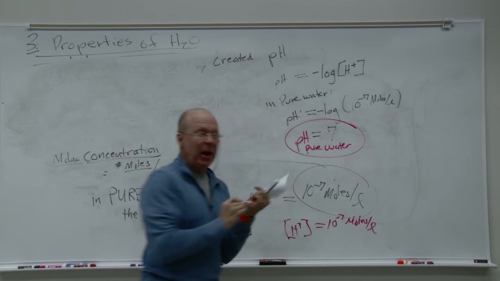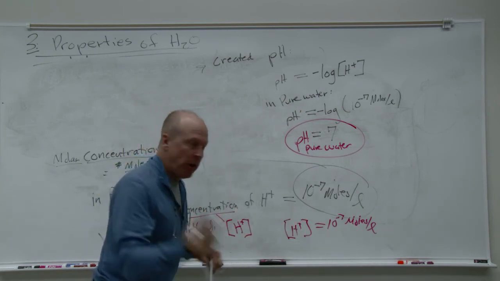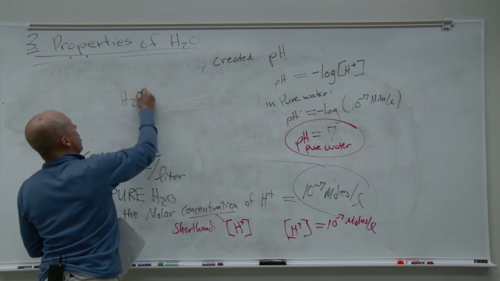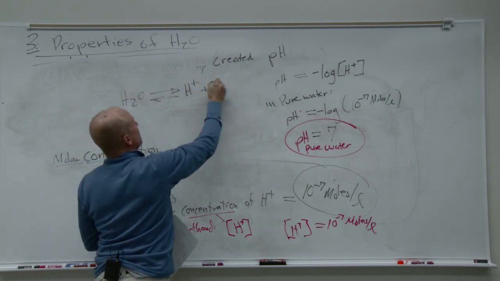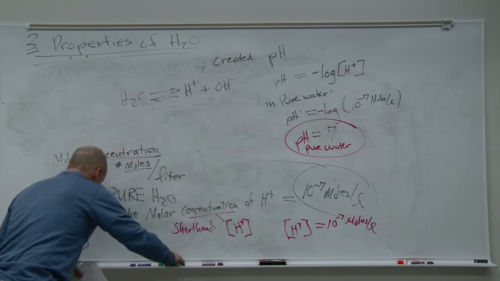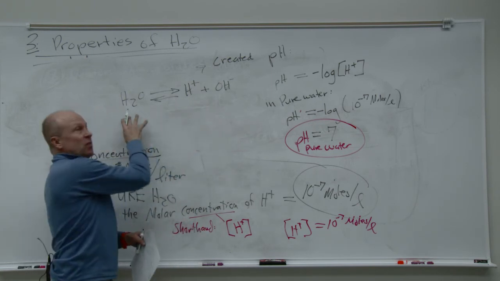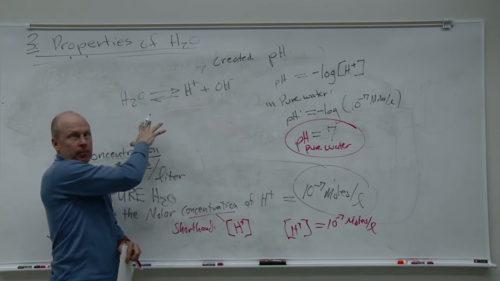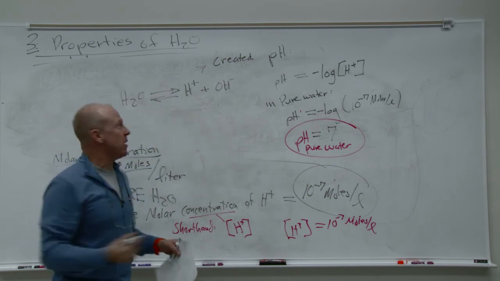Now, the bigger point is here's what it means. So remember the equation. H2O going to, or coming from, H plus OH minus. A super, super important thing here is that this is all that's there in pure water. That's it. That's all you have in pure water. There's nothing else there.